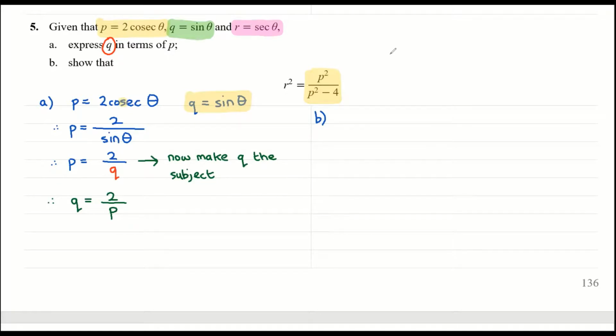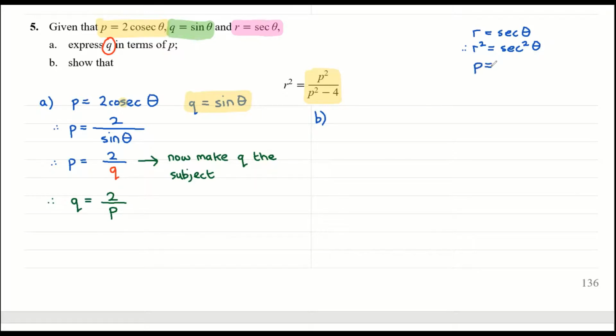So we know that r is equal to sec theta. We've not used that yet. Okay, so therefore r squared is equal to sec squared theta. Okay, and we've also got p squared in this. We've got p, we've dealt with p already.